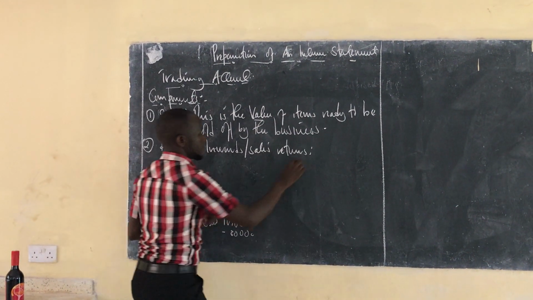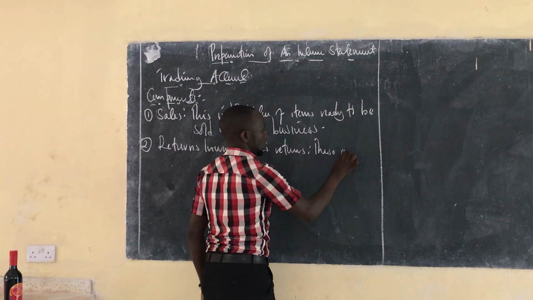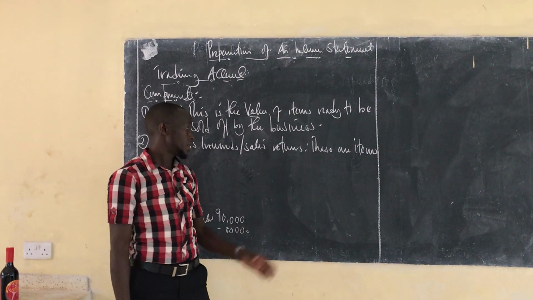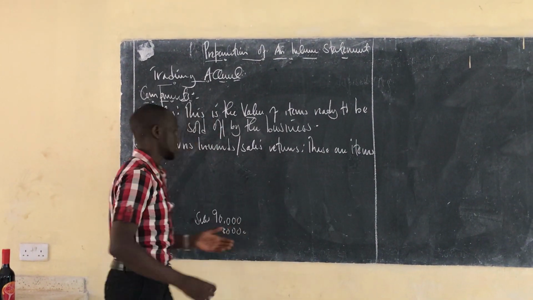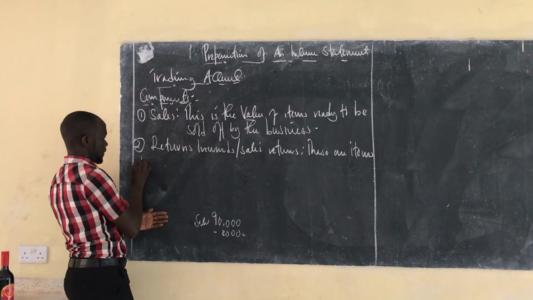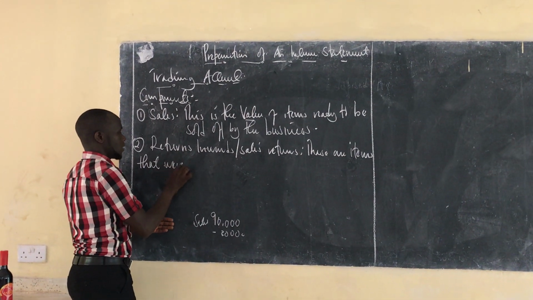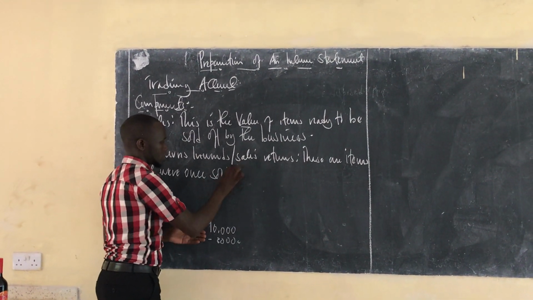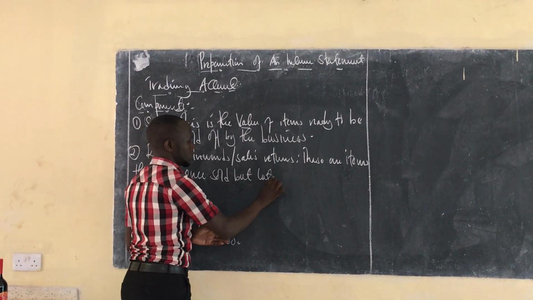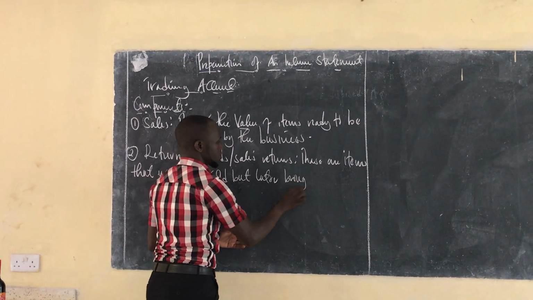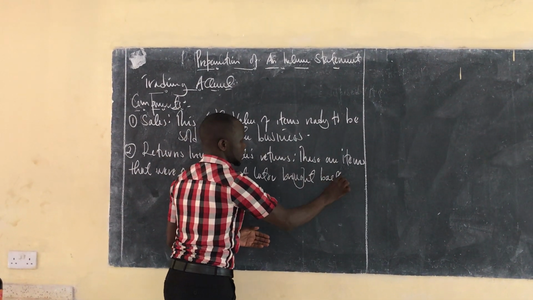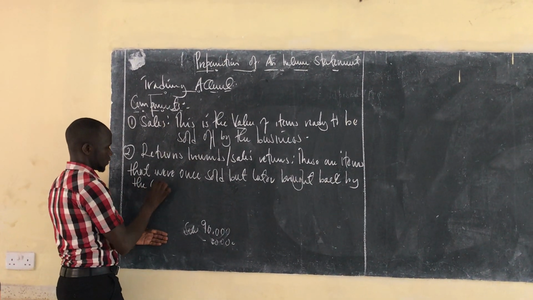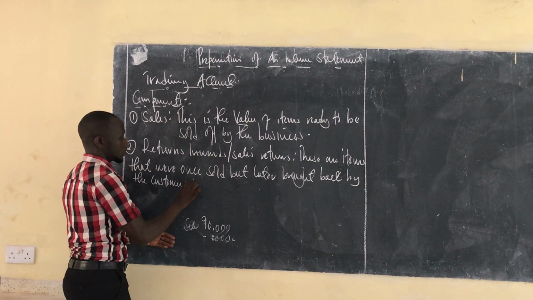So you say these are items. If your purpose is finding the value, you say this is the value of the items that were once sold, but later brought back by the customers to the business.